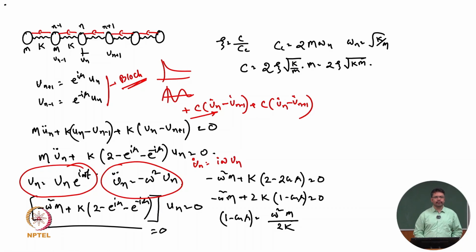That will be simple, i omega into u n. Nothing else. If this is the scenario, then what will be this equation?